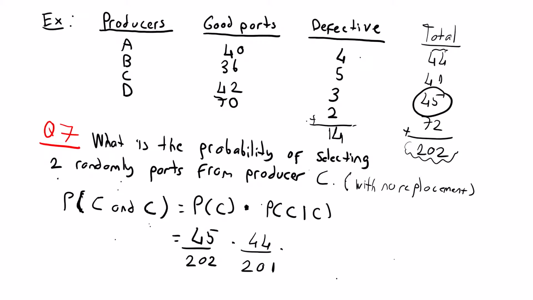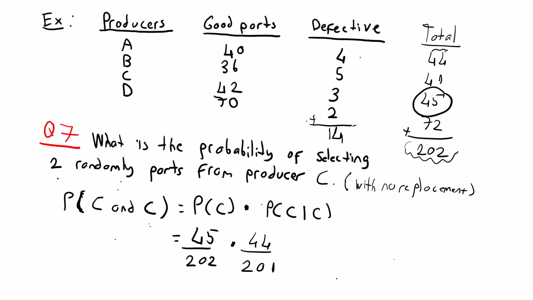So that means the remaining number of units from producer C is 1 less. So 45 minus 1 is 44. And the total number of items is also going to become 201. So 45 divided by 202 times 44 divided by 201.